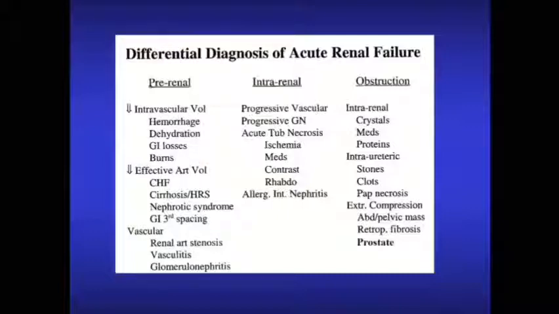I think the easiest way to think about it is like somebody with heart failure, where they've got a bad pump and they can't fill the vascular space, and the kidneys perceive that as being volume depleted. Or a patient with cirrhosis who can have a tremendous cardiac output, but they're very vasodilated, and for a different reason, the kidneys perceive this as not receiving enough blood flow, and they'll behave similarly by holding on to salt and water. And then just don't forget that there are vascular causes that can cause constriction and diminish renal blood flow.